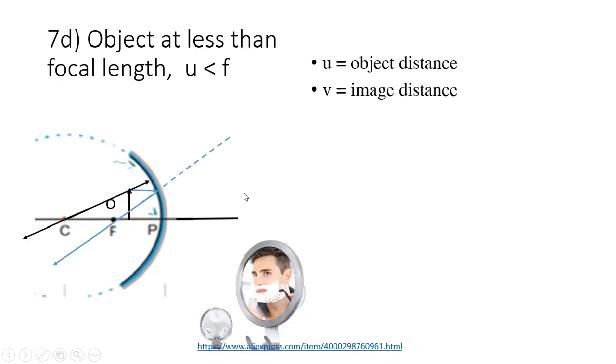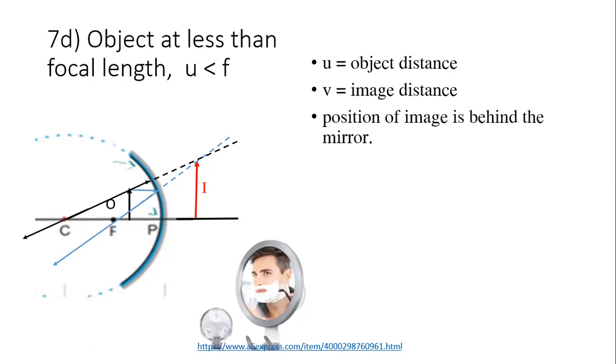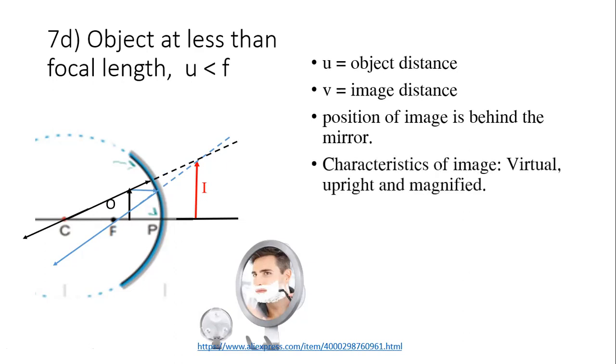So you draw the line and produce it backwards to get the image. There's the image here. No more inverted. Magnified, virtual, behind the mirror. Position of image is behind the mirror. Characteristics of image: virtual, upright, magnified.